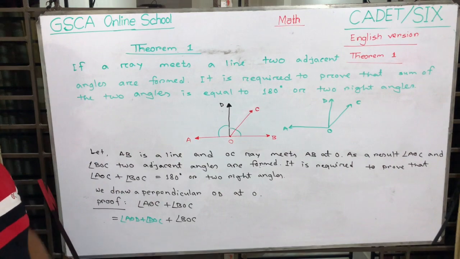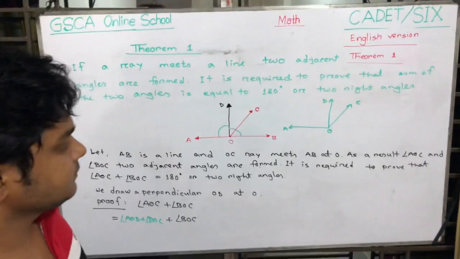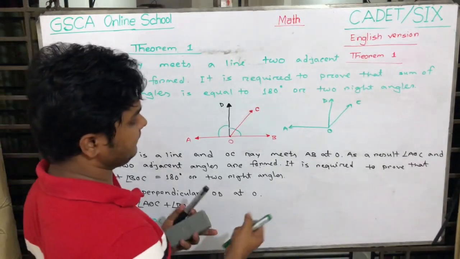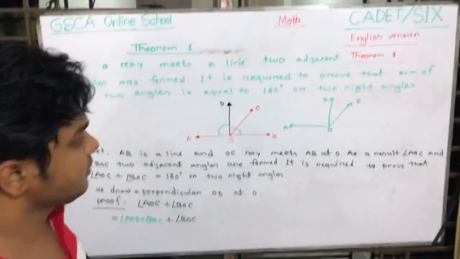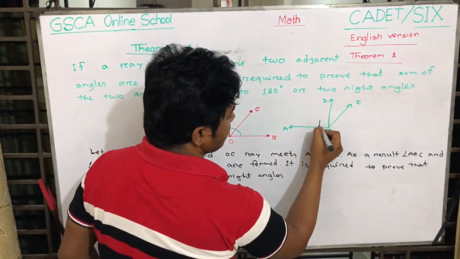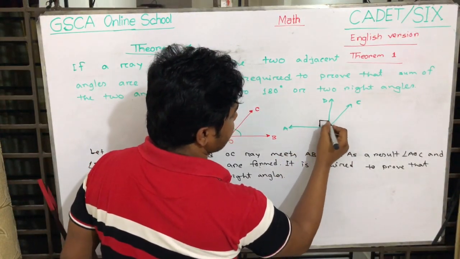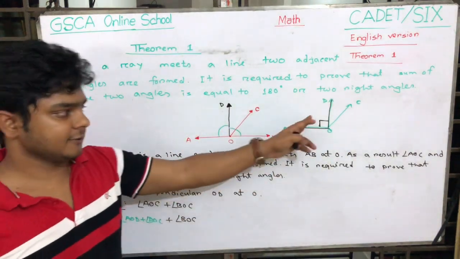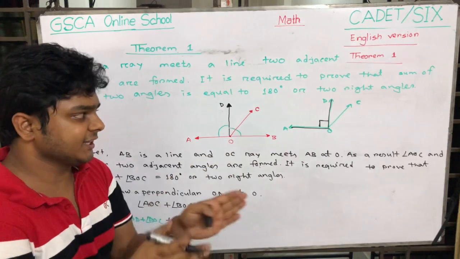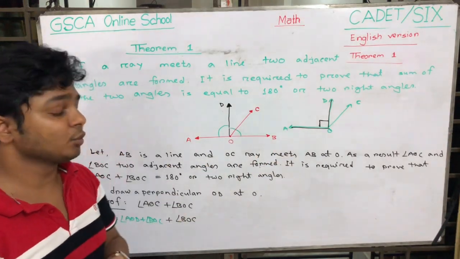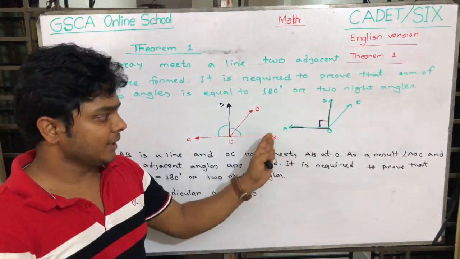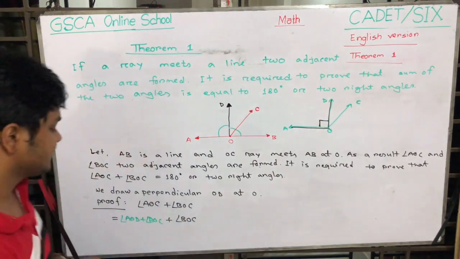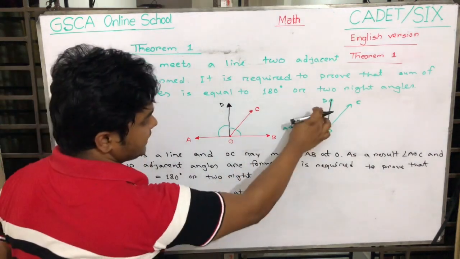Okay, now one thing: what is the measurement of this angle, as OD is perpendicular to OB? Of course you're thinking that this one should be 90 degrees. Why? As OD is perpendicular to OA, AOD is 90 degrees.